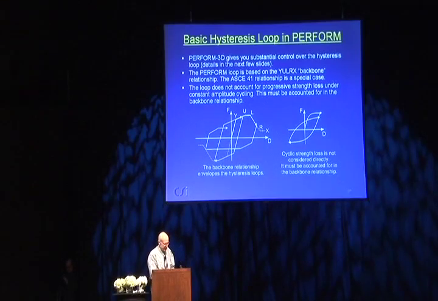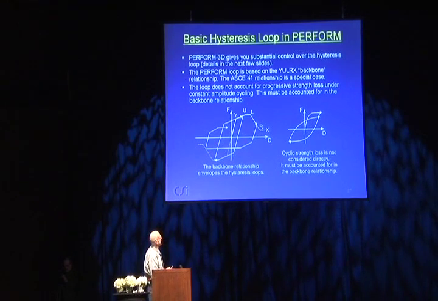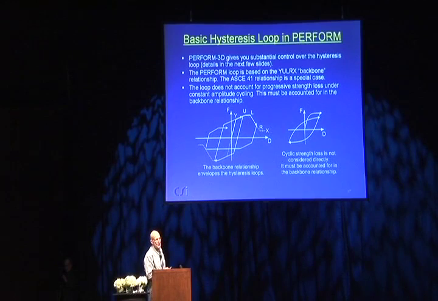And let's look at the diagram first. Here's kind of the way it might work. The YULRX would be the backbone curve. And without going into too much detail, this backbone curve kind of defines the shape of the hysteresis loop and sort of bounds the hysteresis loop in a way.